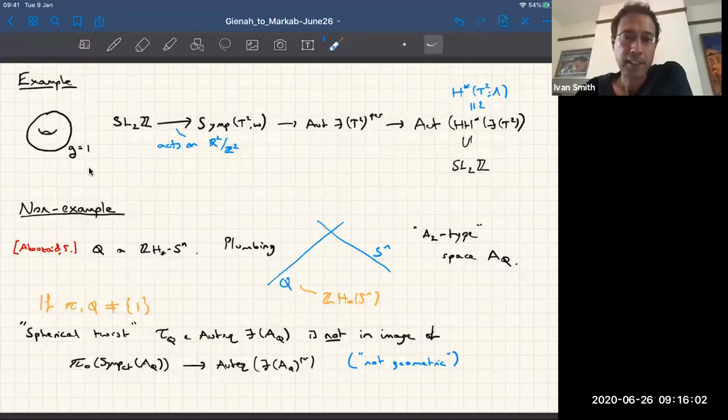But to construct the corresponding autoequivalence to the Dehn twist, one really starts from a spherical object in the Fukaya category. So this exact Lagrangian homology sphere Q gives me a twist functor on the Fukaya category. And if Q is not simply connected, then this autoequivalence is not realized by any compactly supported symplectomorphism.